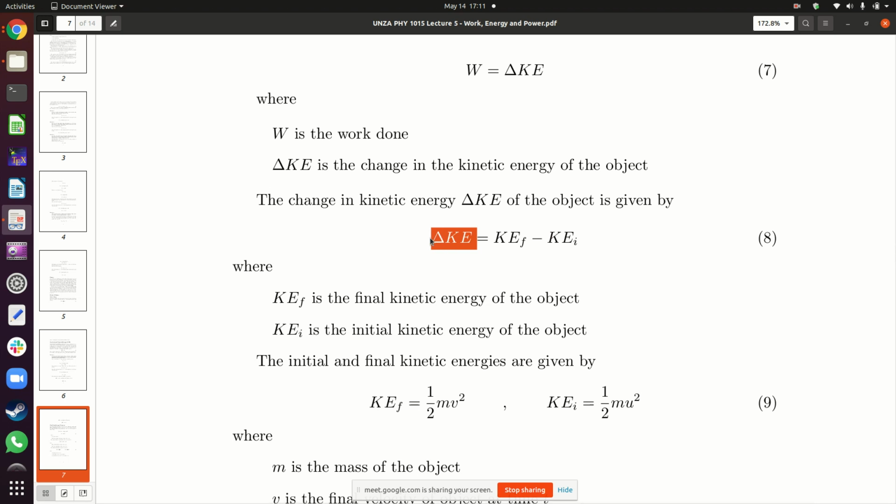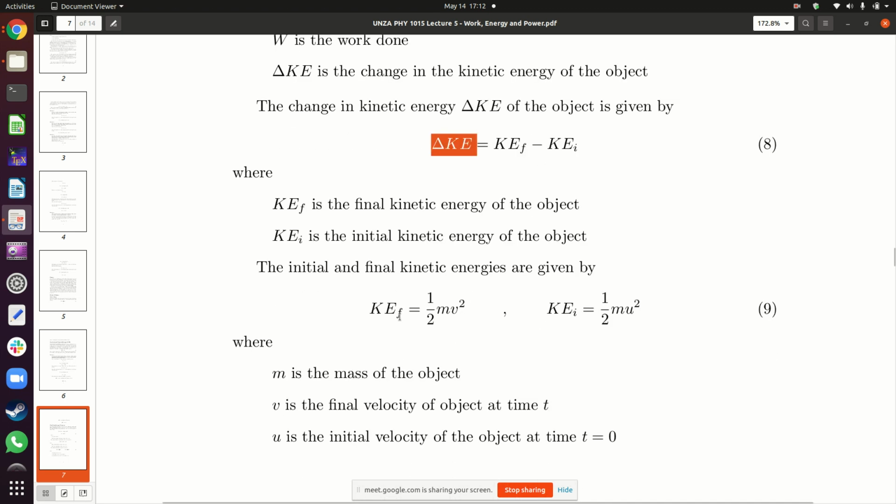When you do work on an object, the kinetic energy of that object has to change. How do we know that the kinetic energy has to change? It's because as the object moves, it also covers some distance. For you to do work, the object has to change its position from this particular point to that particular point. So there has to be some distance this object is going to move.